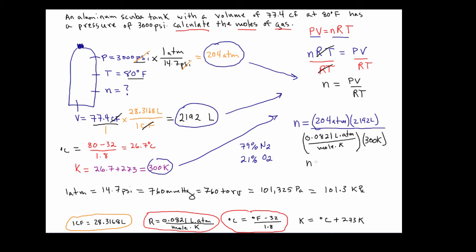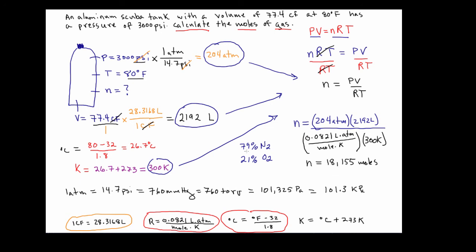So the moles of gas in a standard aluminum scuba tank will be 18,155 moles of air.